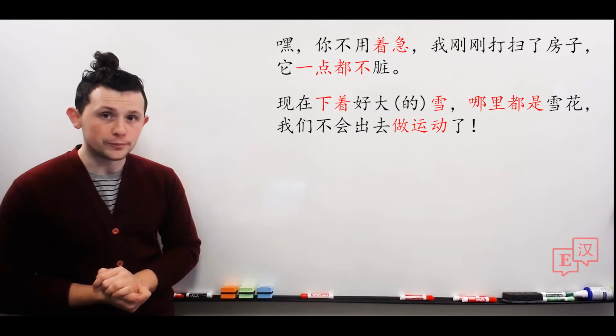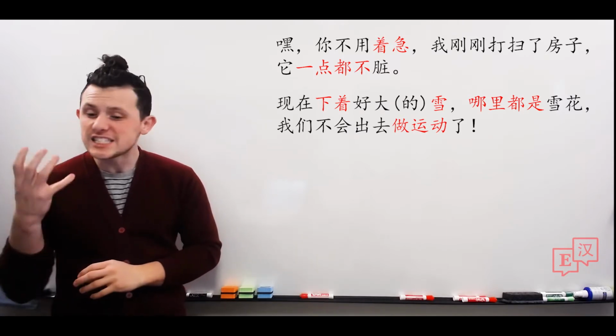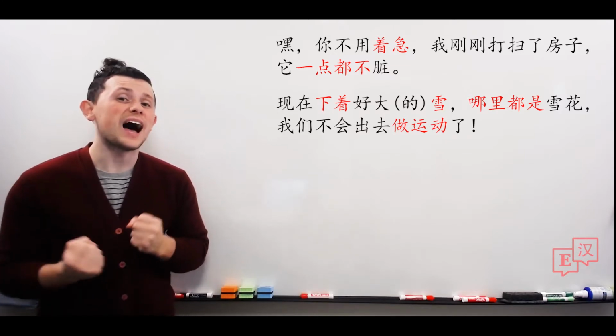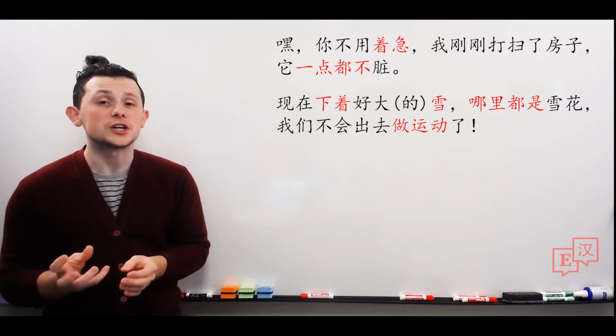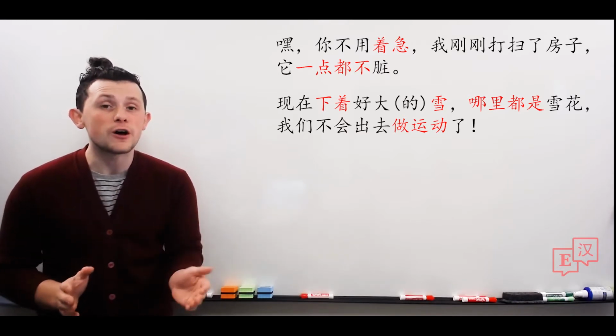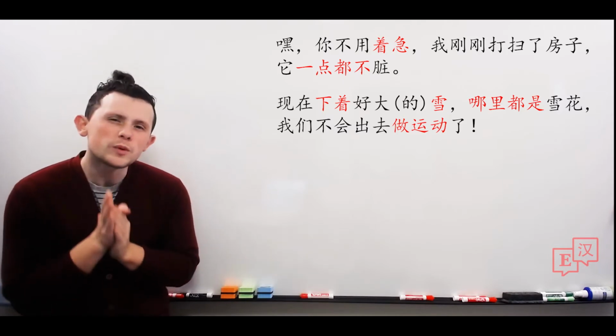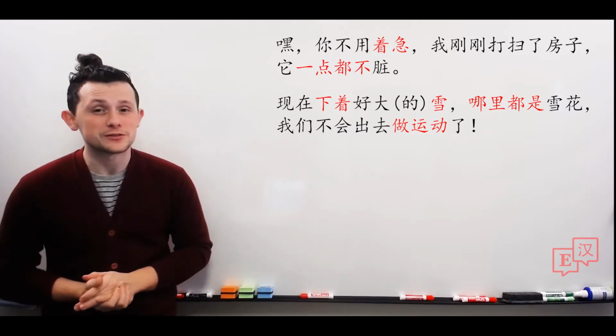做运动. Also notice 下着好大雪. It is falling, 下着, literally it is in the process of falling a lot of snow. Also, when we use 着, we're implying that this verb is going to continue for an amount of time.